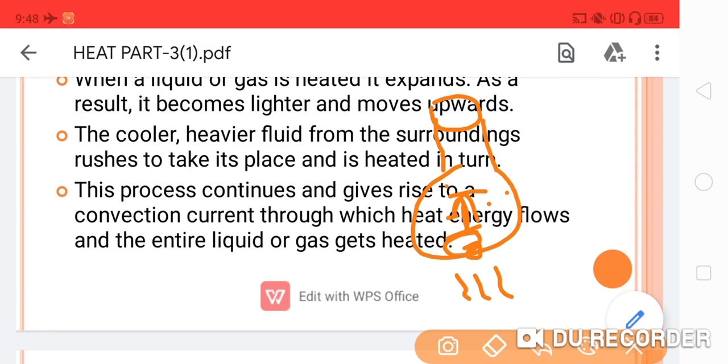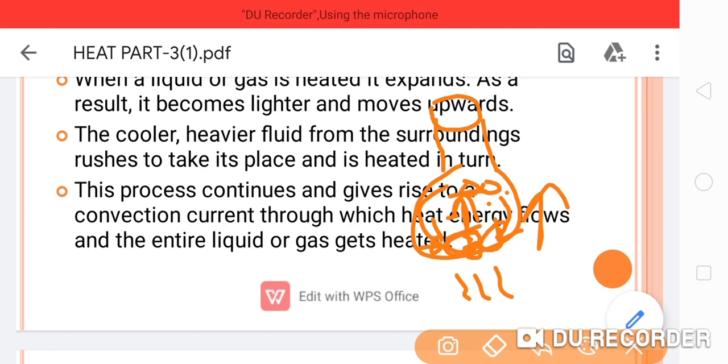And the molecules which are just existing over the surface of the water will move in the direction where they can get the source of heat, and then these particles will further absorb the heat and move upward.